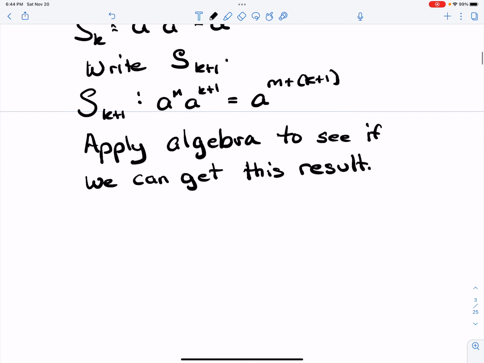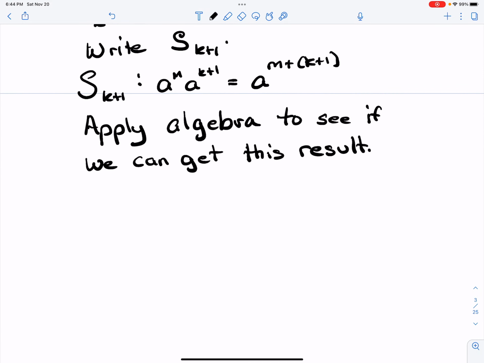Okay. So let's see here. What if we take a to the m, a to the k plus 1, and let's see, we know a to the k plus 1 just by exponent rules. We can write it as a to the m times a to the k times a to the 1, right?